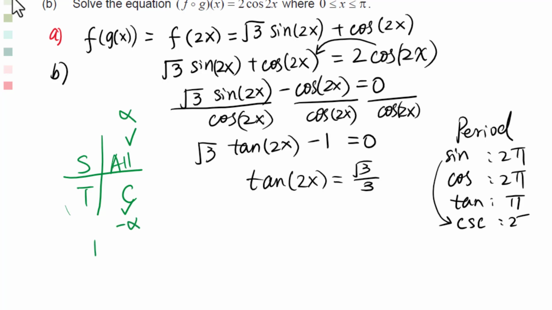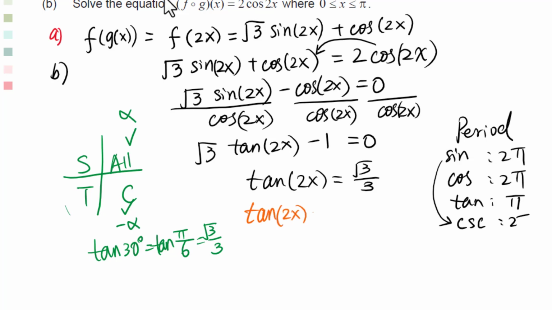Since tangent 30 degrees equals tangent pi over 6 equals square root of 3 over 3, we will change this equation into tangent 2x equals tangent pi over 6 plus k pi.